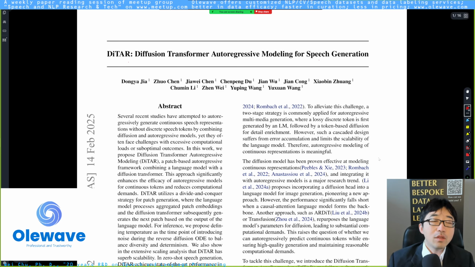Recently they put this work on arXiv in February 2025, and this is why I chose this paper, to see if we can get a better understanding of how they came up with this method.